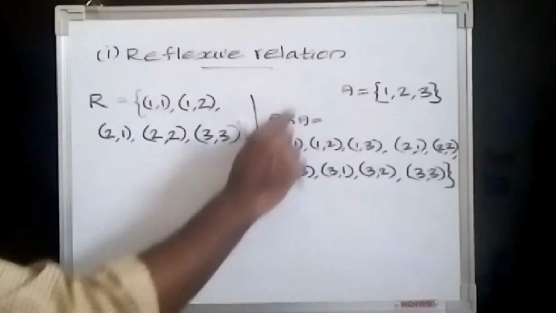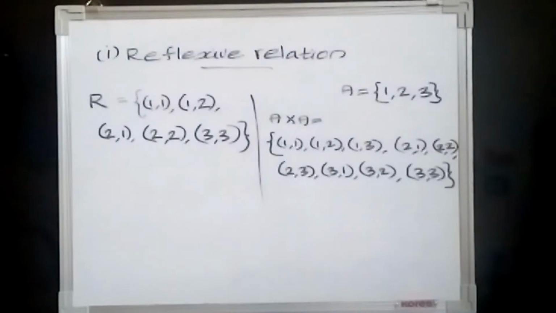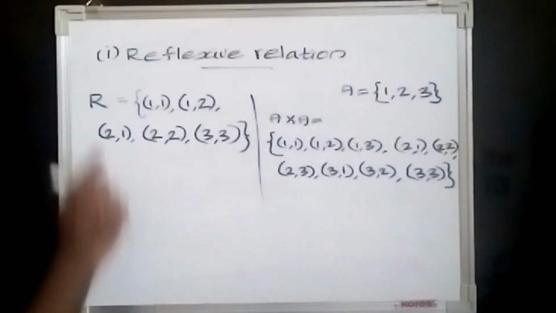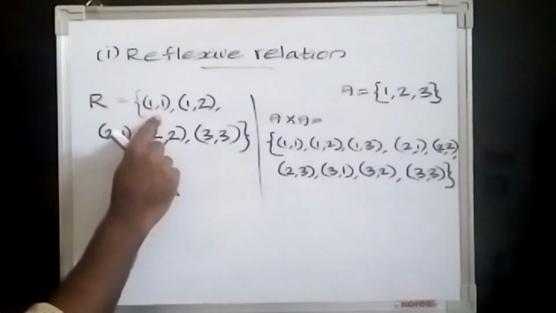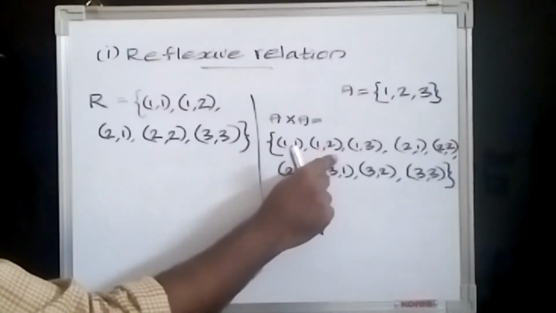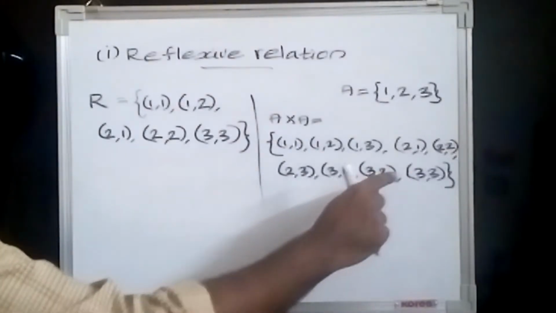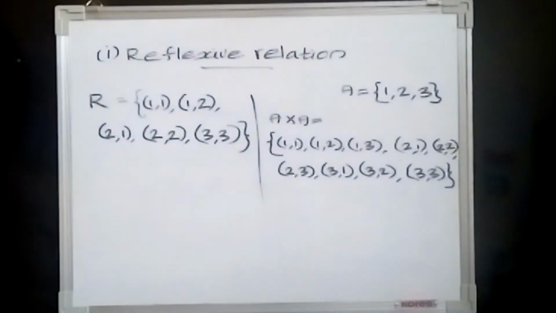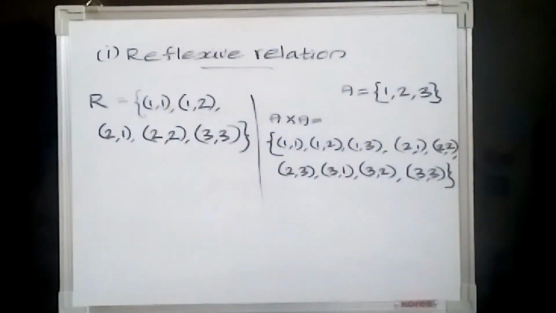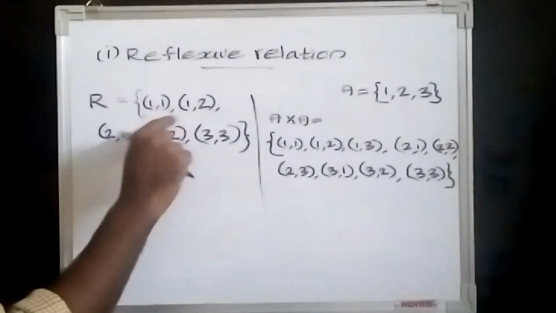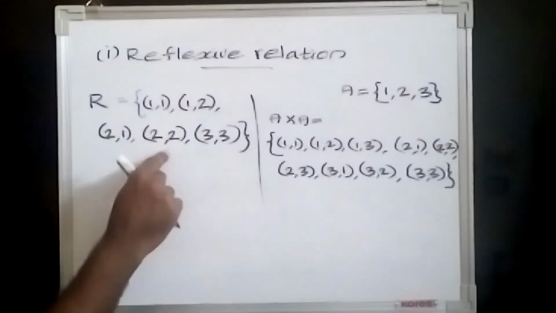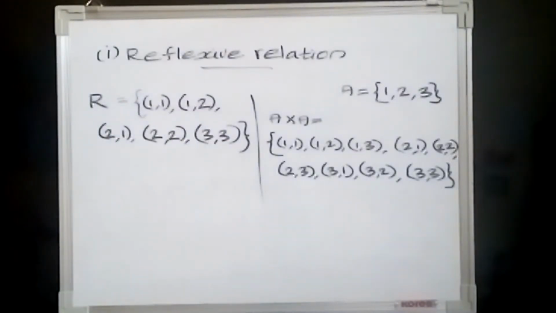Now consider a subset of A cross A. R equal to {(1, 1), (1, 2), (2, 1), (2, 2), (3, 3)}. We have taken only 5 elements. Clearly it is a subset of A cross A.